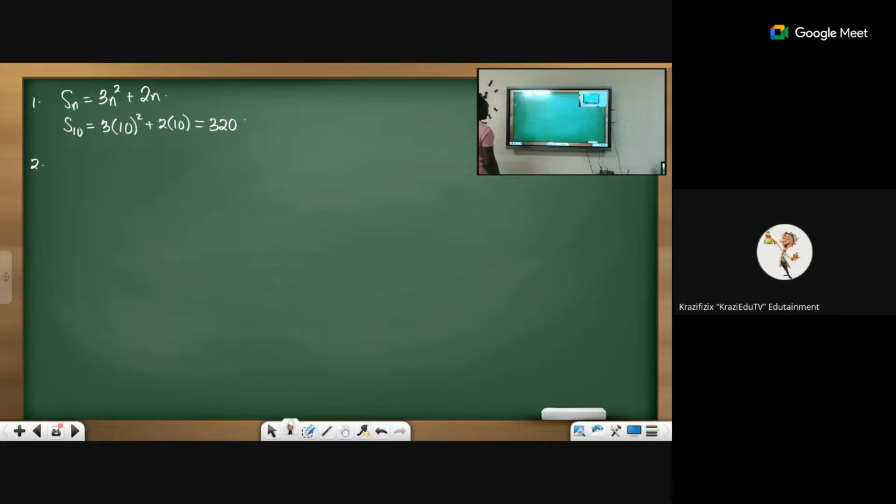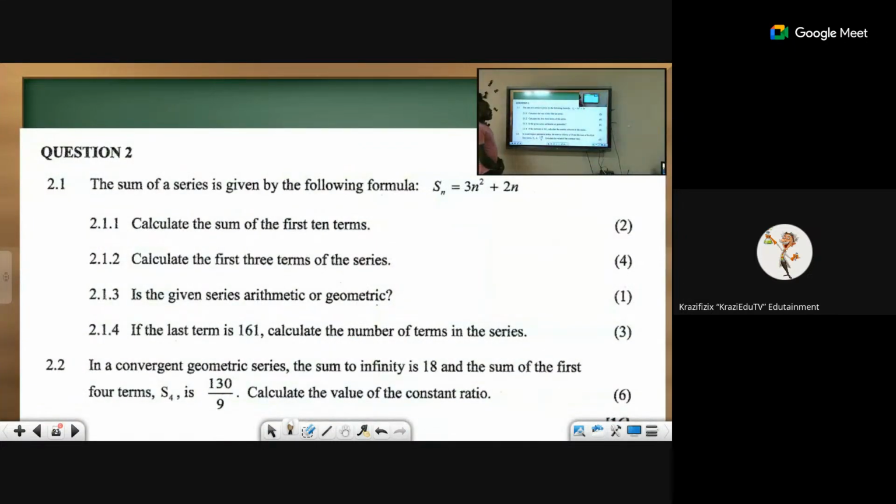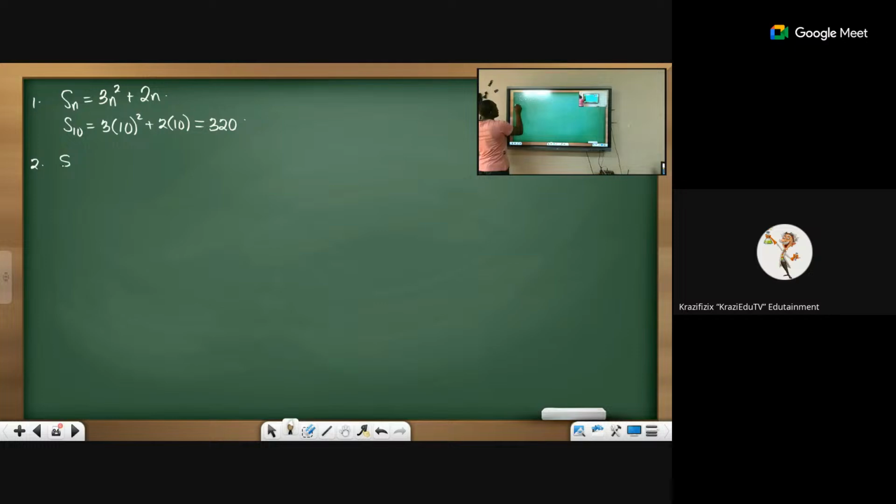Number two. Calculate the first 3 terms of the series. First three terms. Nice. S1 is the same as T1 because you are just adding one term. What's your answer? 3 plus 2, 5. What is T2?